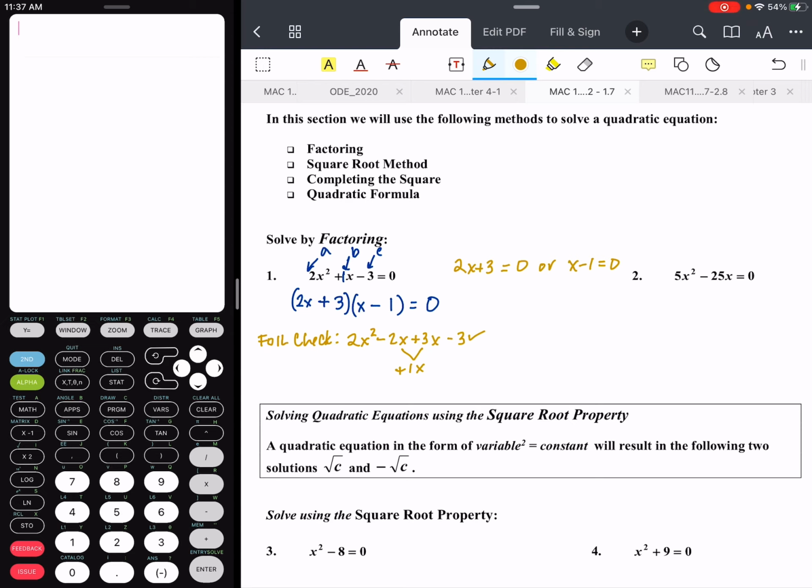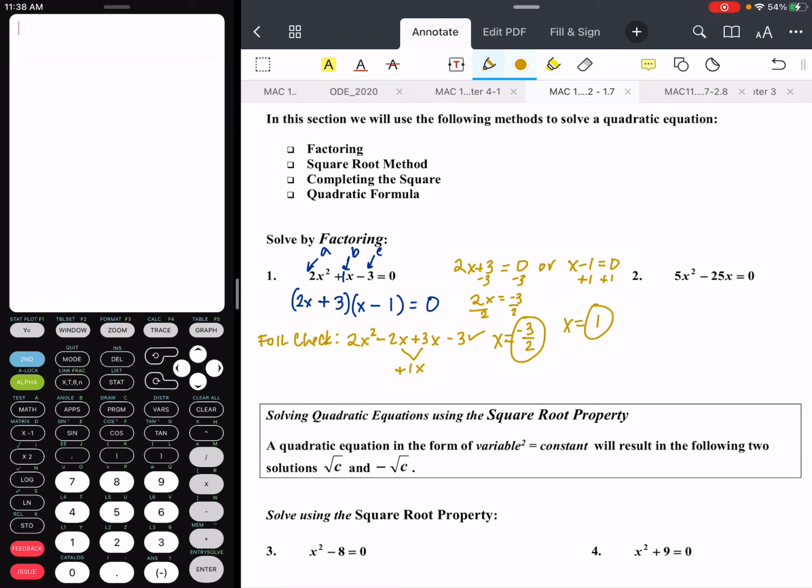So I'm going to solve each of these equations separately. And this gives me my first solution, x equals -3/2, or my second solution, x equals 1. So -3/2 or 1 would be solutions to this equation.